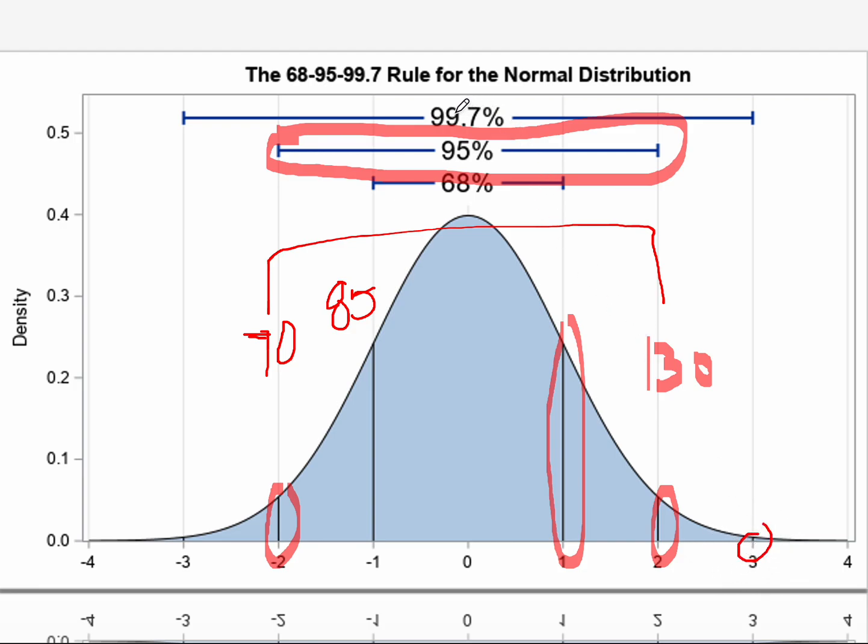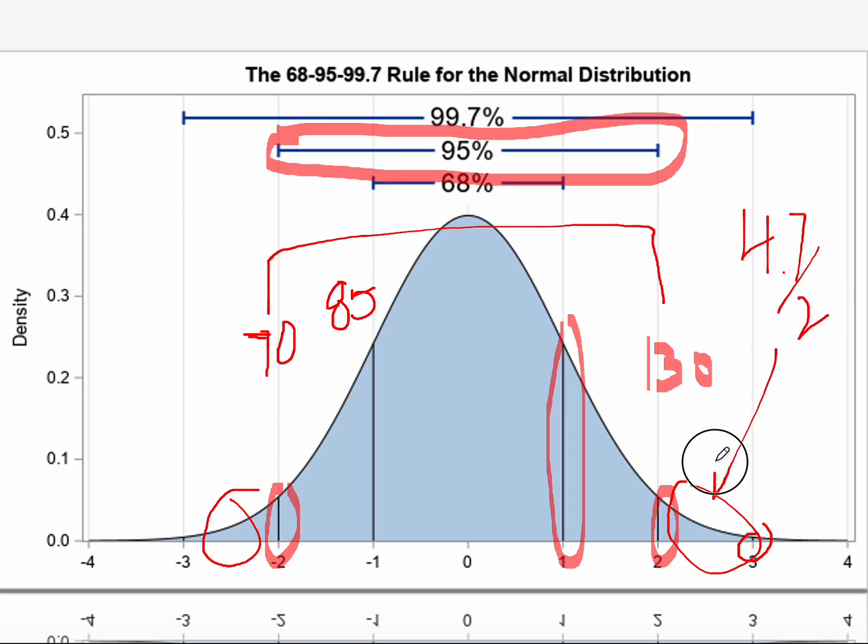Look at this. 99.7% accounts for 3 standard deviations above and below. 99.7 minus 95 is the number of people in these tails. So that would be basically 4.7 divided by 2. That is how likely it is to score 3 standard deviations out. Once you hit 3 standard deviations out, you're accounting for almost every single person who takes that test.